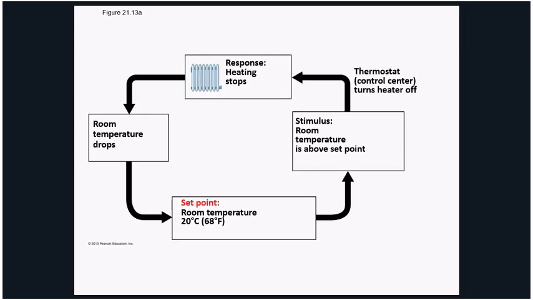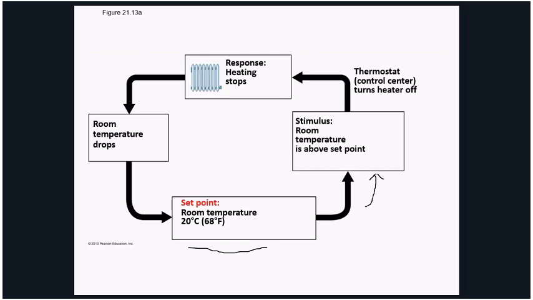So this is an example of negative feedback. You want your room to be 20 degrees Celsius. So the temperature starts to get a little bit above that.